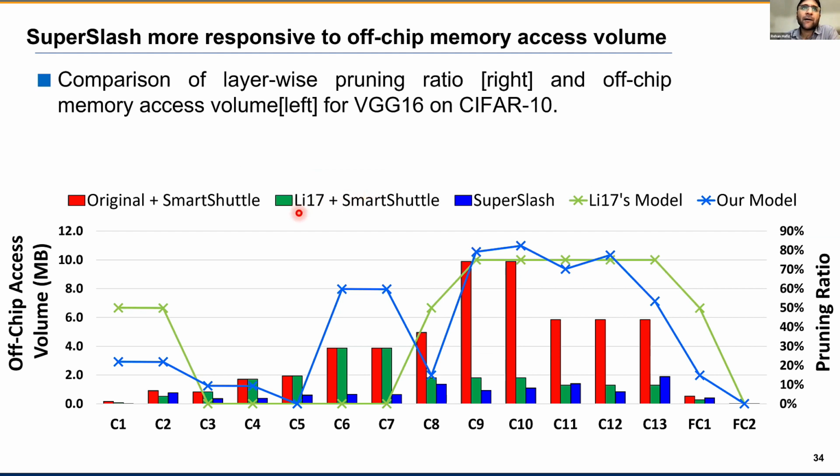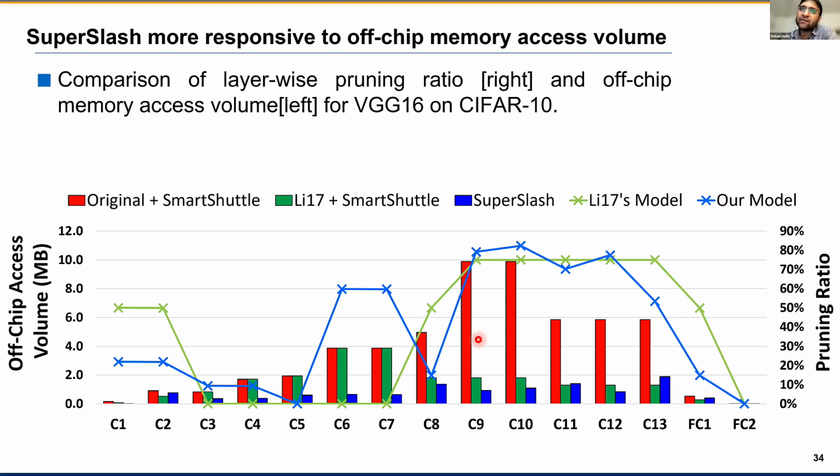What we are really showing is that these bar plots are basically showing the off-chip access volume, and on the right side we have the pruning ratio. Now the state of the art was the VGG16 network, which was pruned by Lee 17, and the SuperSlash, and it is the outcome of our model.